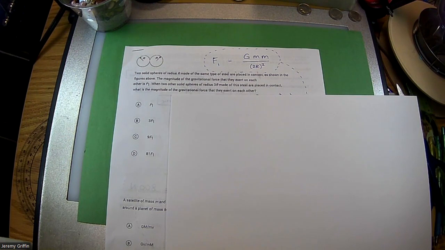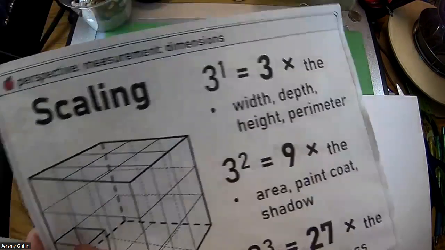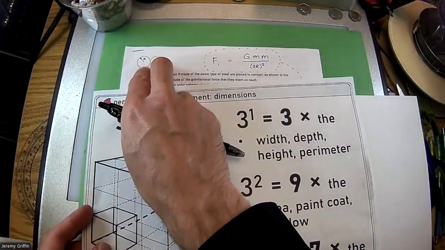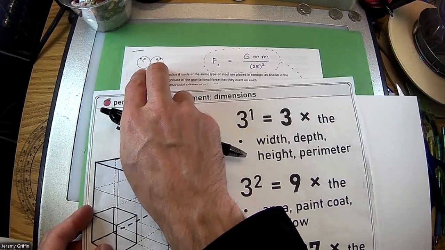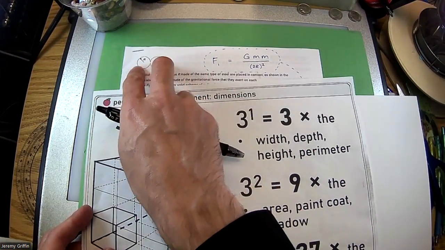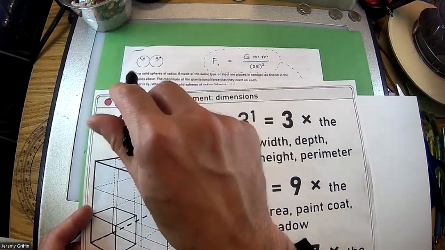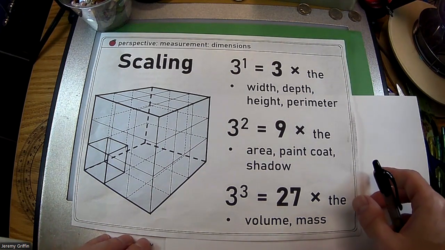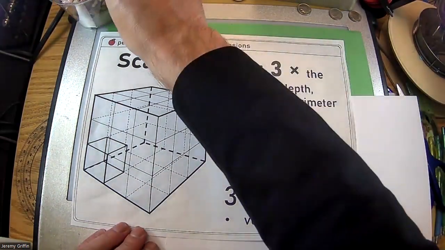So I've got the solution written and covered up there. Well, when you think about scaling, how's it going to affect each of these variables? So scale up each of these spheres by a linear factor of 3. I bet the center to center distance is going to very simply scale up by a factor of 3. But what about the mass? Because mass occupies volume, so that should be a three-dimensional concept.